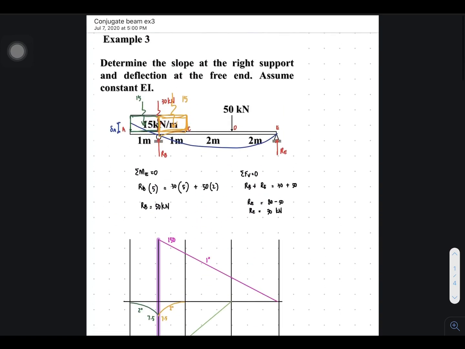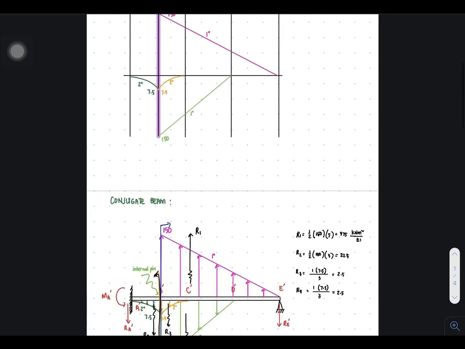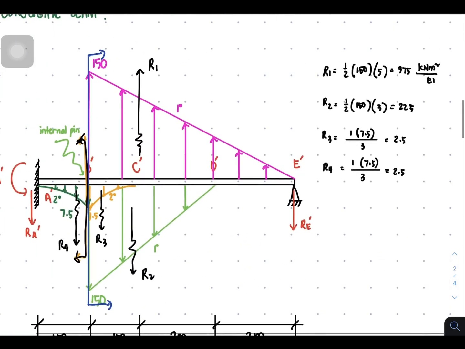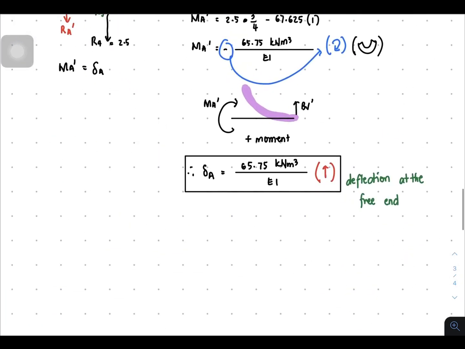Okay, next question is solve for the slope at the right support. So solving the right support slope, all we have to do is cut this portion and consider that. So I'll cut that portion of the beam, and here, solving for the slope at the right support.